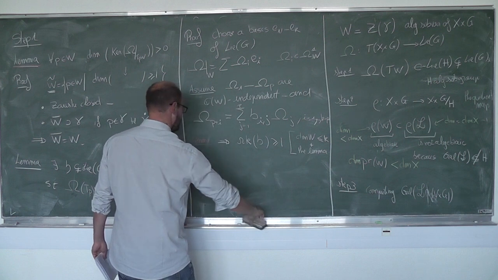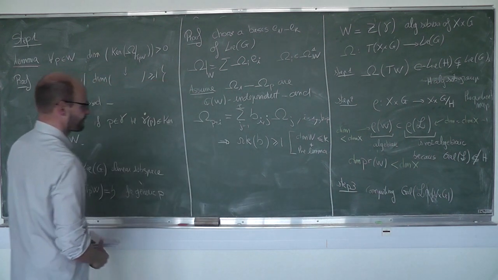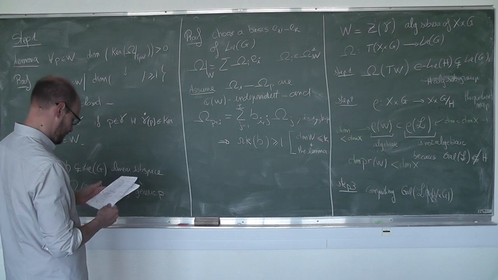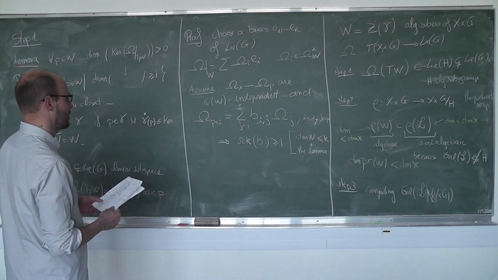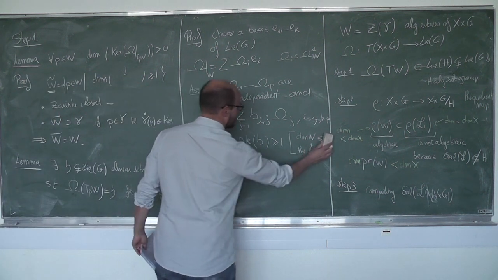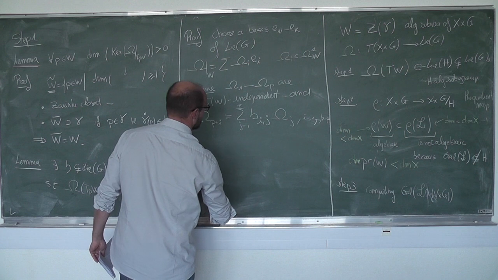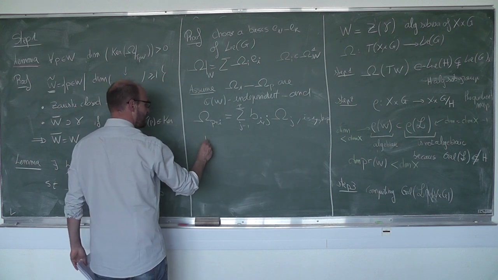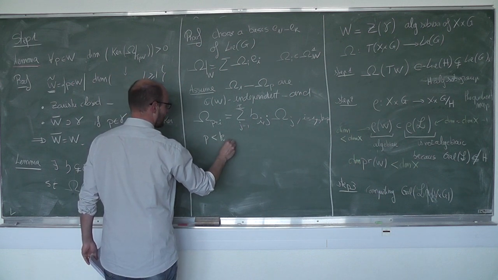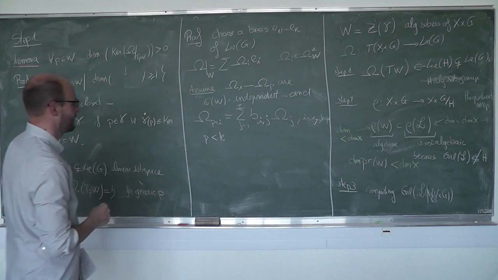So you have k forms, they have something common in the kernel, so they must have a relation. So you have p strictly smaller than k. Okay, if the form is 0, it's not a problem here.